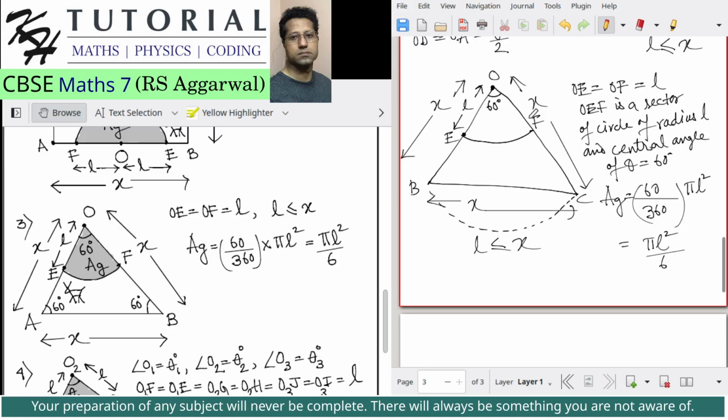Let me see. So this is the arc. If I draw a perpendicular from the vertex O on the side BC, and let's say the perpendicular intersects the arc EF at the point G, then OG will also be small l.